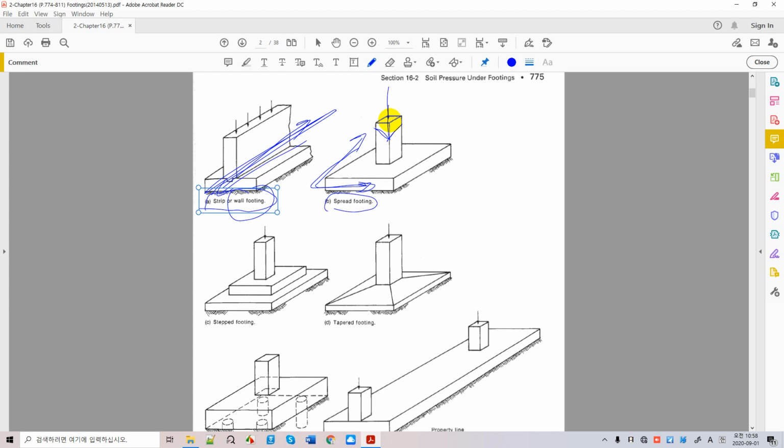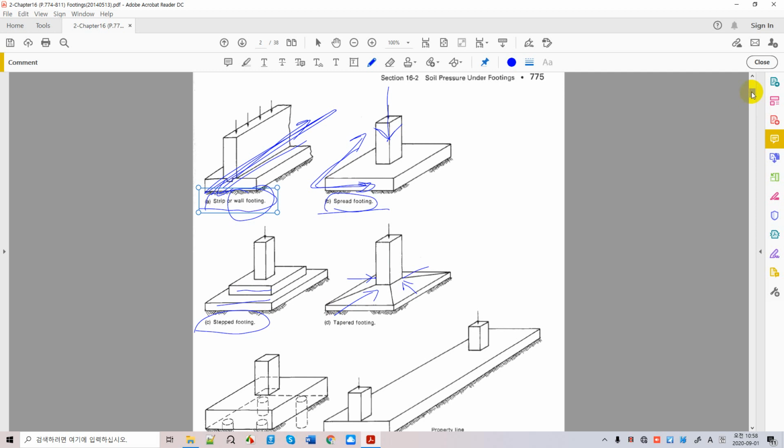Another type similar to the spread foundation is the stepped foundation like that. And we also have a tapered foundation, tapered in order to provide more stiffness and strength to the foundation.